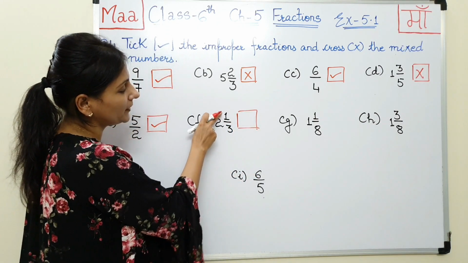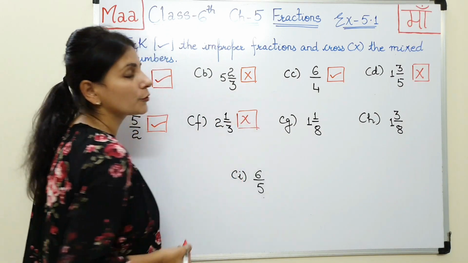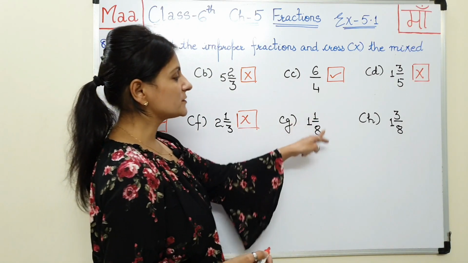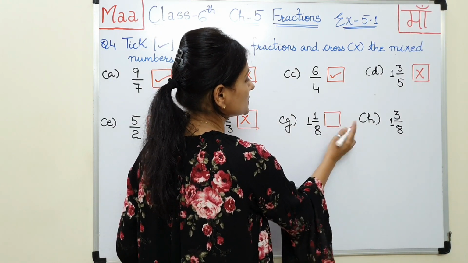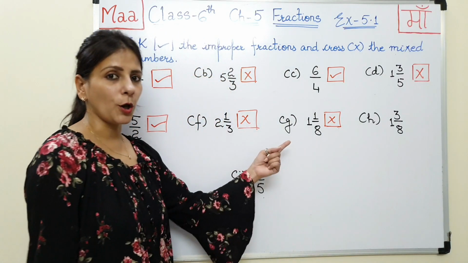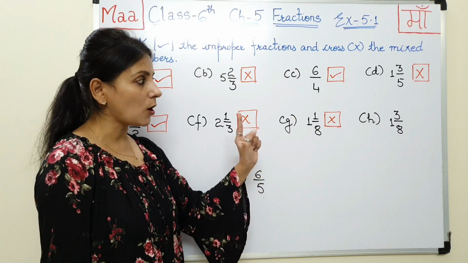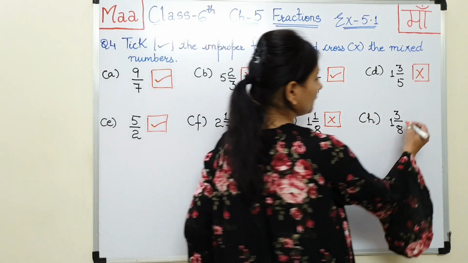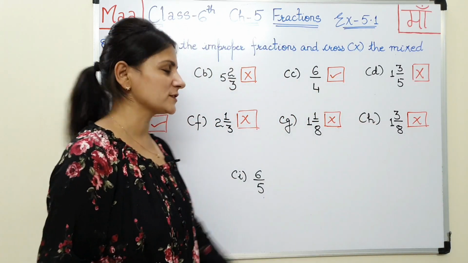Combination of a whole number and a proper fraction. So this is a mixed fraction. So cross mark. Then 1:1/8. That means this is again a mixed fraction. So I am putting a cross mark here. Then 1:3/8. Again a combination of a whole number and a proper fraction. So in the box I will put cross mark.